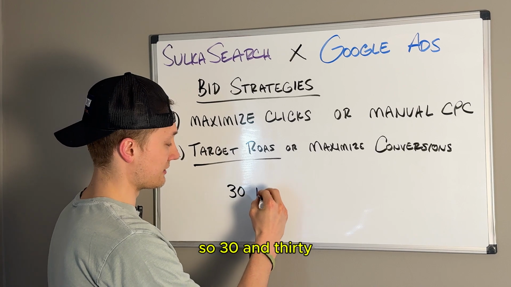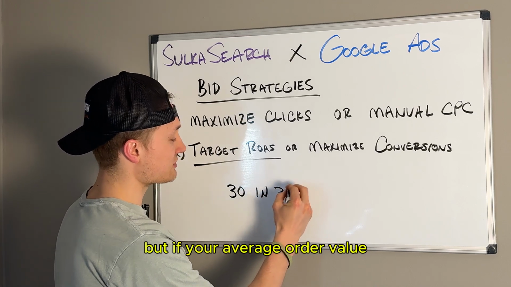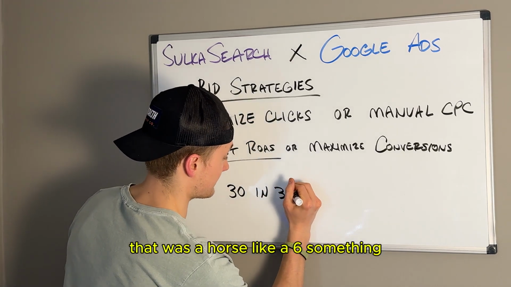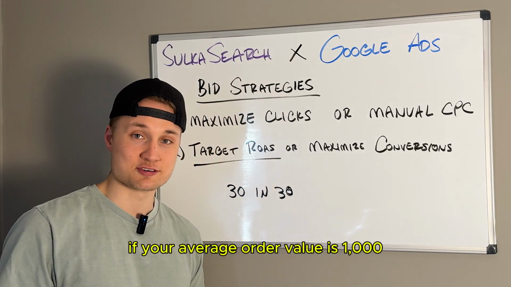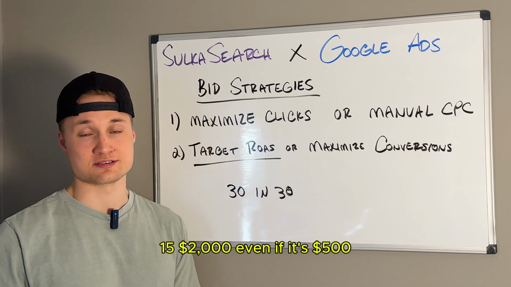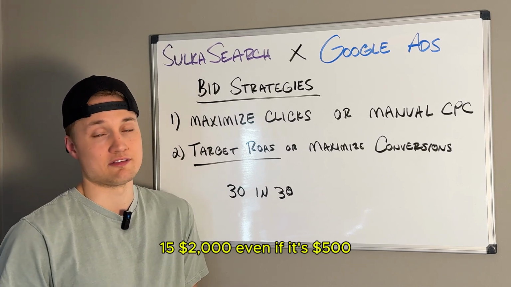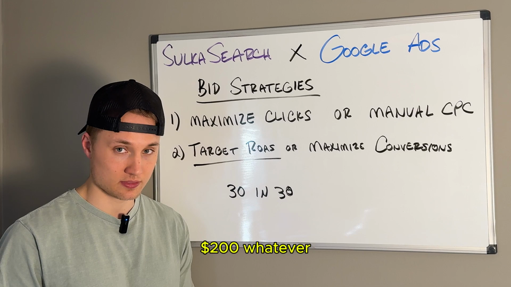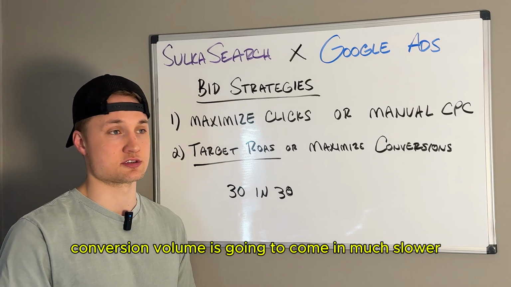So 30 and 30. But if your average order value is $1,000, $1,500, $2,000, even if it's $500, $200, whatever, conversion volume is going to come in much slower.